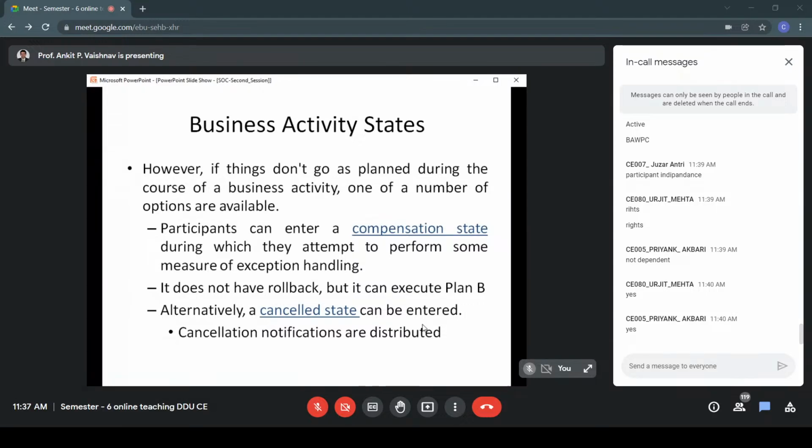While you make that transition, where plan A has failed and you have to switch to plan B, in which state will you be?